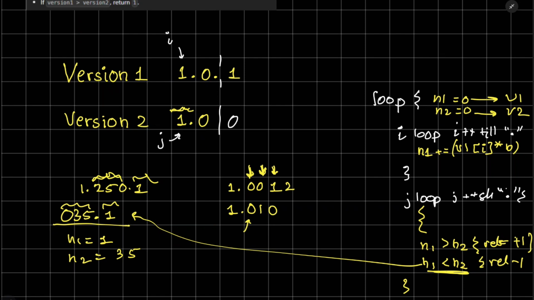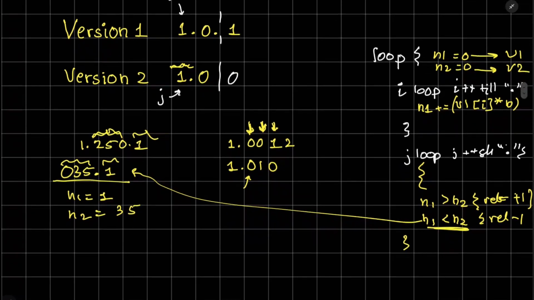We won't check these further revisions. So now we have calculated the number for the revision and compared it, and let's say both are equal. In this case we need to check the number for the next revision. For that we have made this loop to go to the next position, but if you look closely, i would be at the dot, and j will also be at the dot.